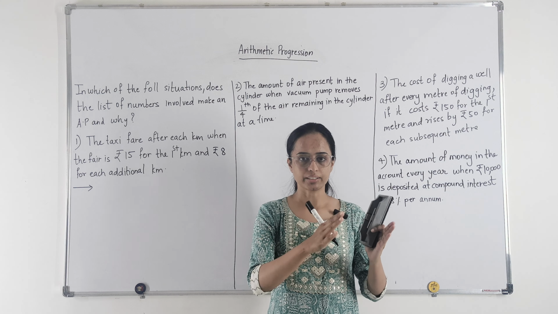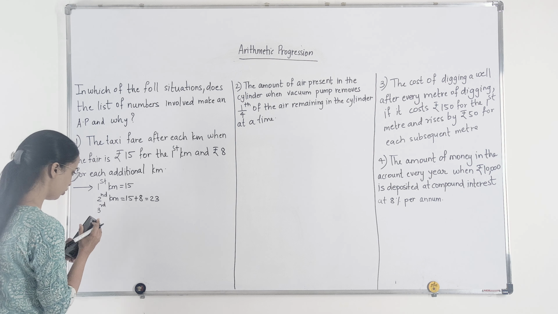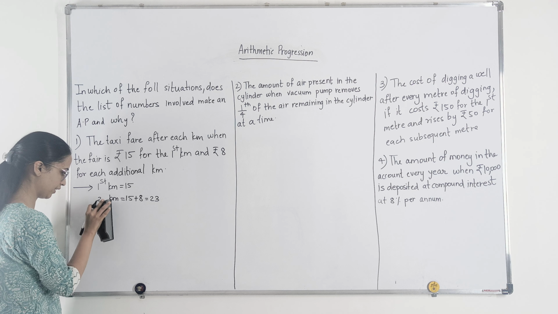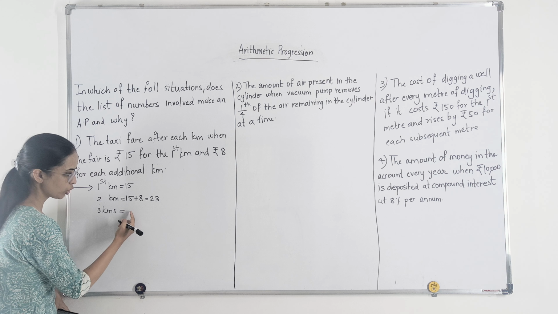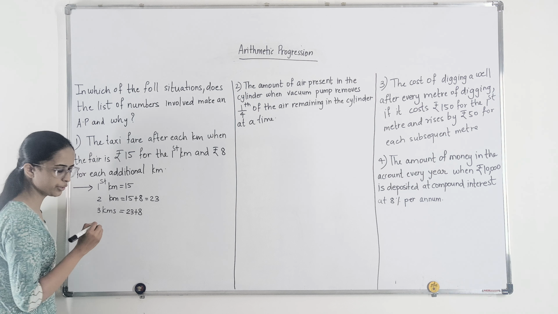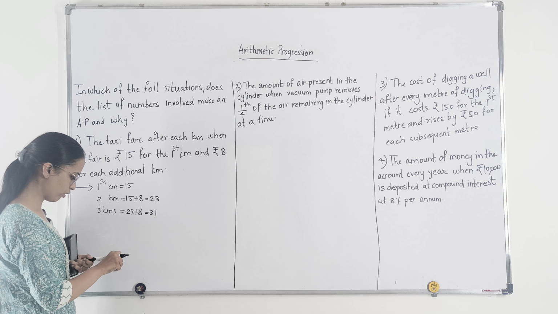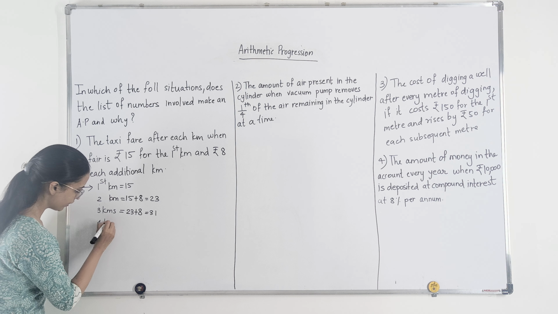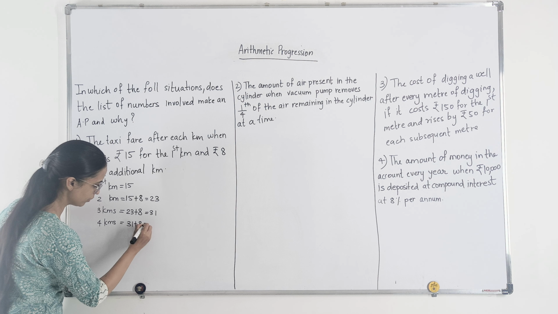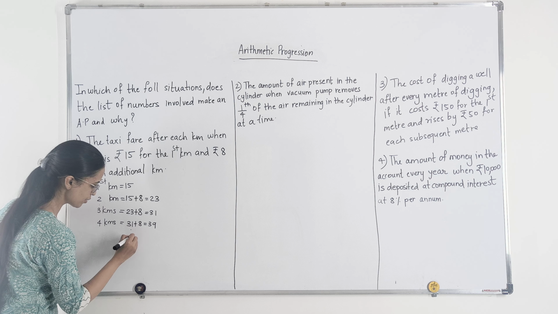Then for 3 kilometers, if your taxi is going to travel for 3 kilometers, then to the previous 23 you're going to add 8, and 23 and 8 would be equal to 31. Similarly, if your taxi is going to travel for 4 kilometers, then it would be 31 plus 8, which is equal to 39 and so on.